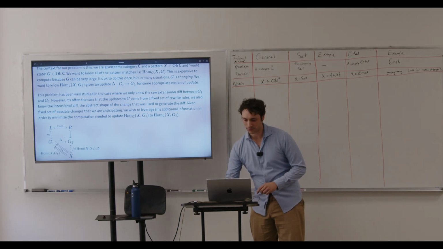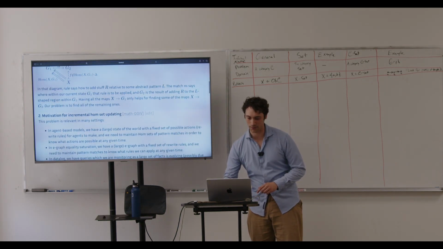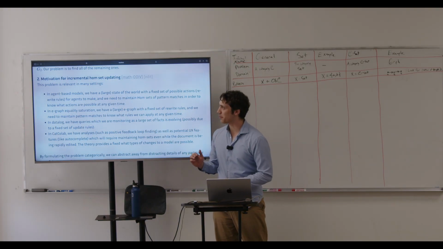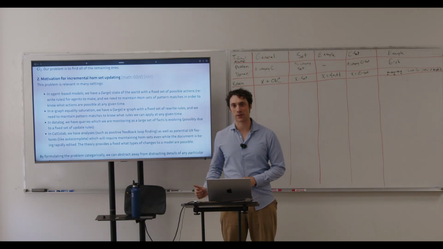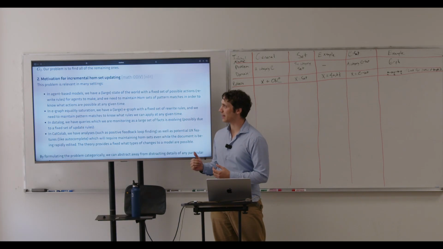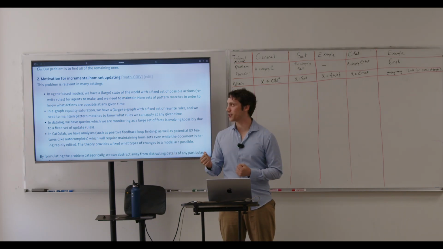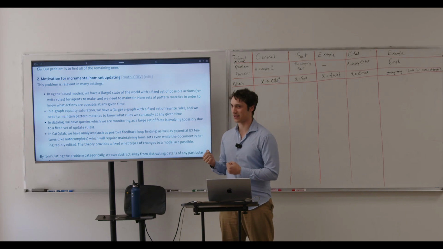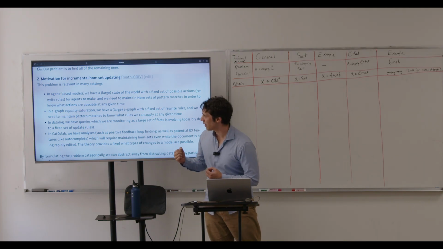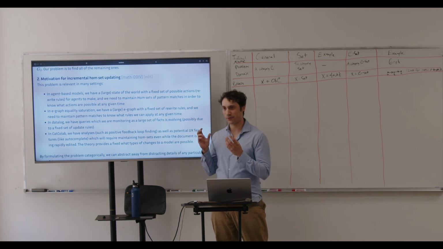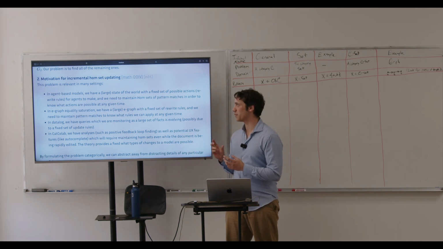I also maybe should mention some motivational context for this. So a lot of this came about from working in agent-based models, where we model a state of the world as a C-set and possible actions agents can take or events as these rewrite rules. But we're also noticing that potentially in e-graph equality saturation we have a fixed set of rewrite rules, and we can use those.